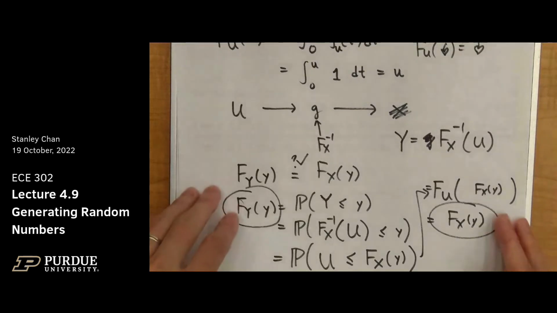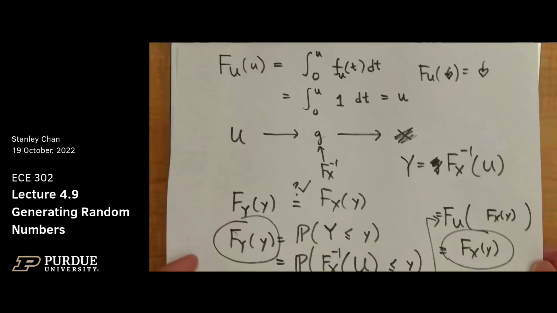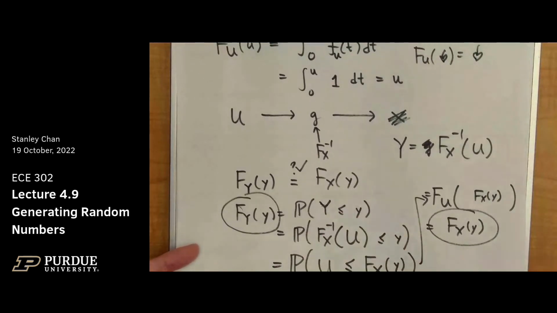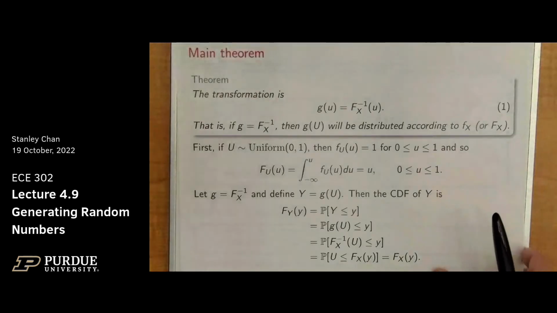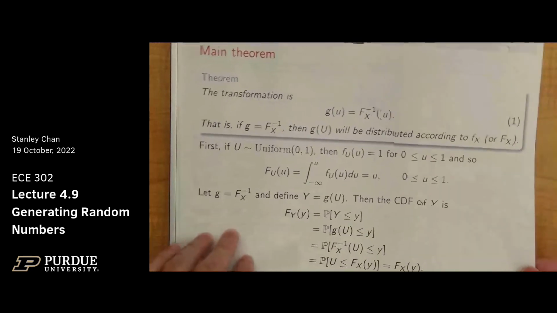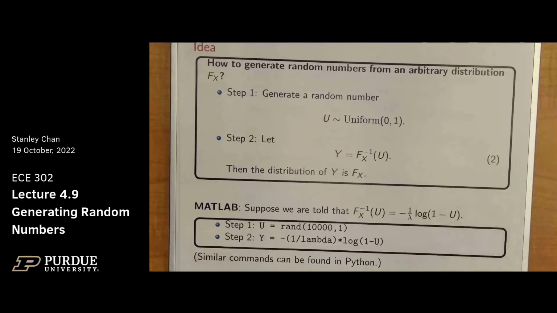So this is a very good illustration of how we use this transformation of random variables. We can actually use this technique to find out the transformation that we want. So what is the idea here? Well, let's say I give you the computer, Python, or MATLAB. How do we actually program it?